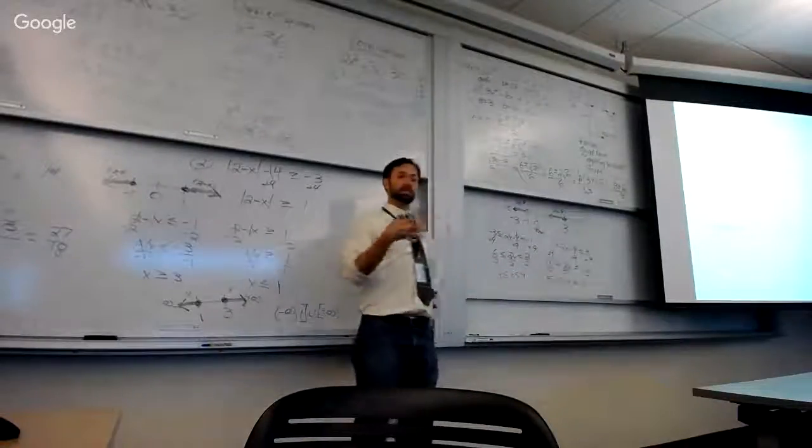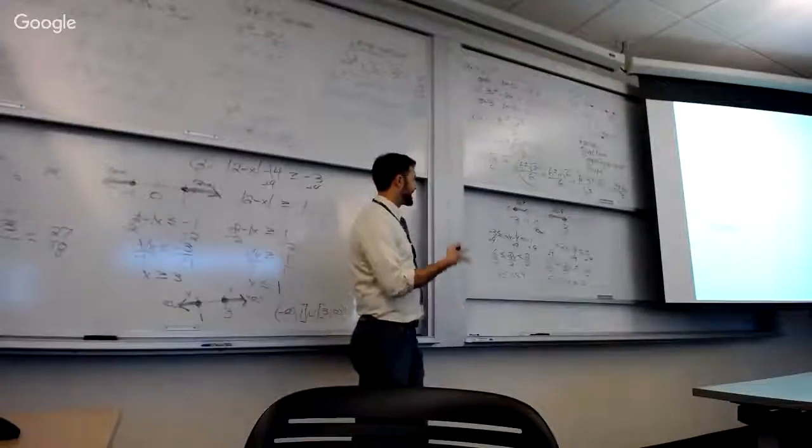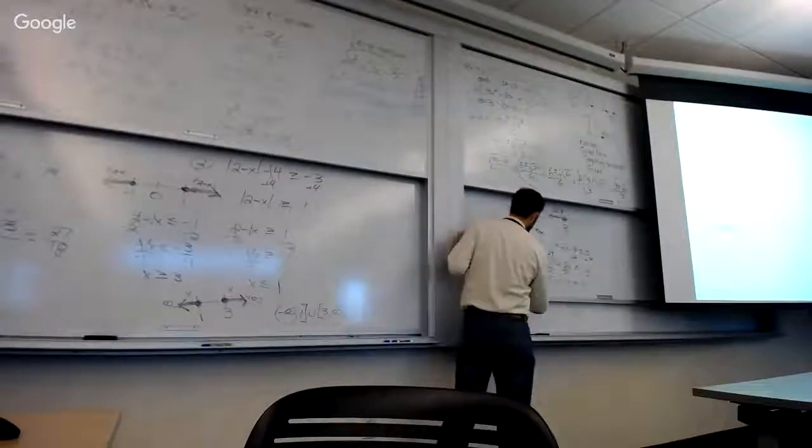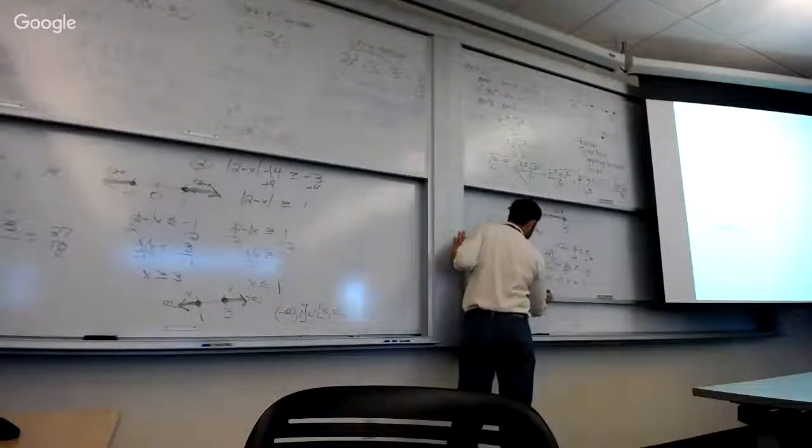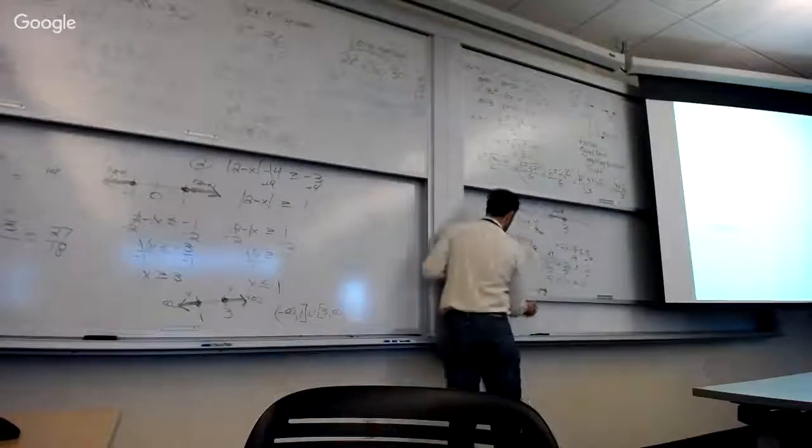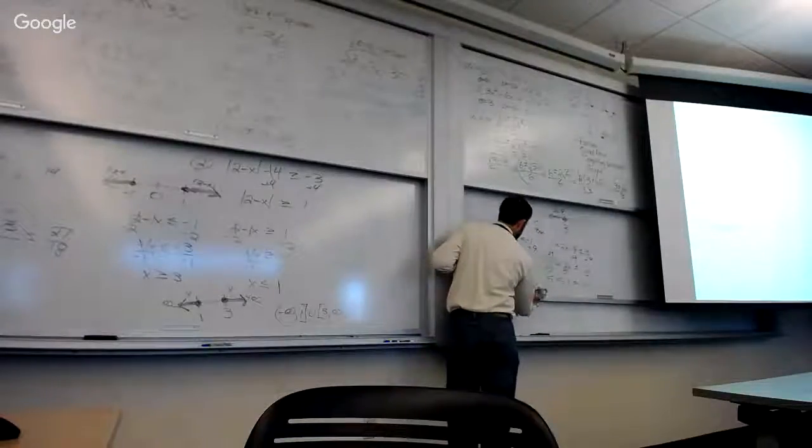Now we can write down our solution for what x can be. On the number line, x could be between 5 and 6, open circle, closed circle, or between 3 and 4, closed circle, open circle.